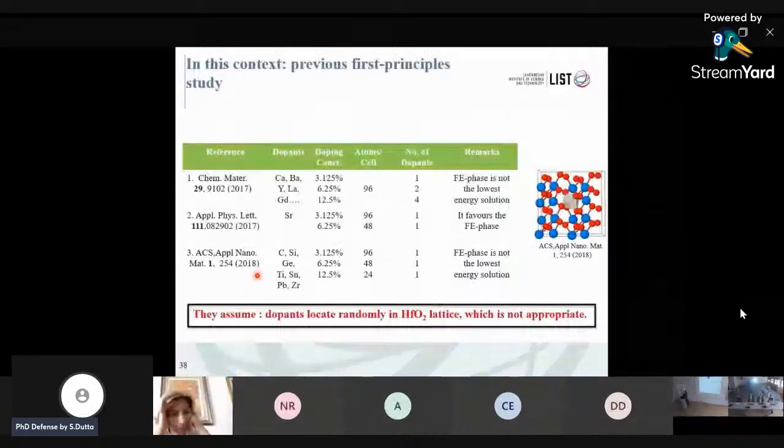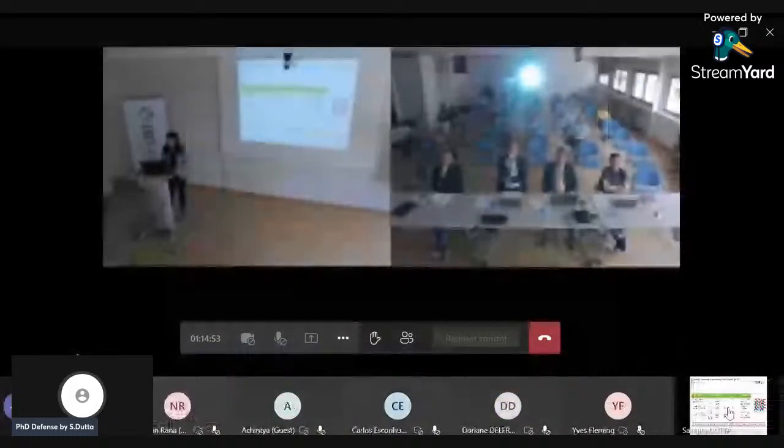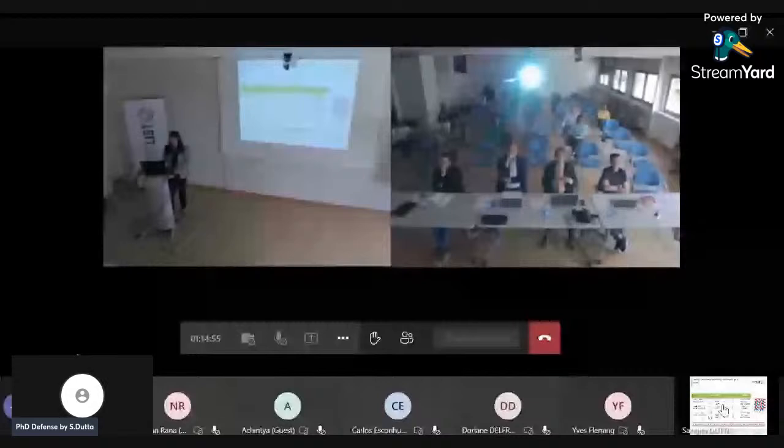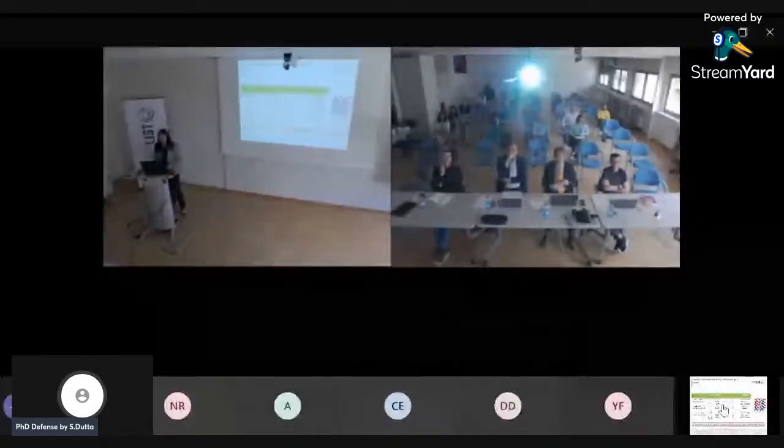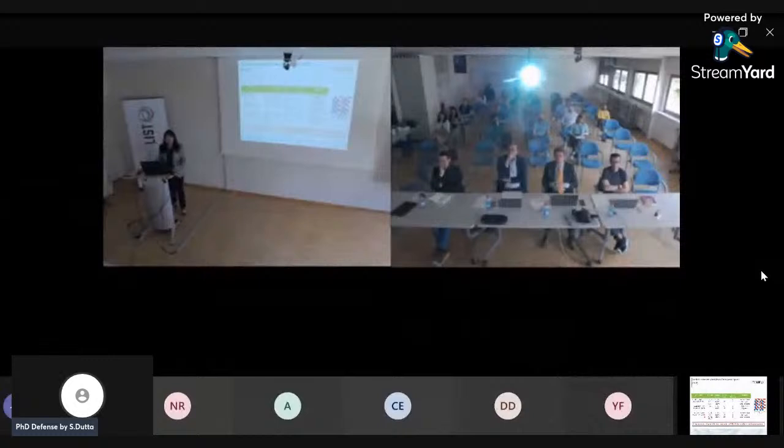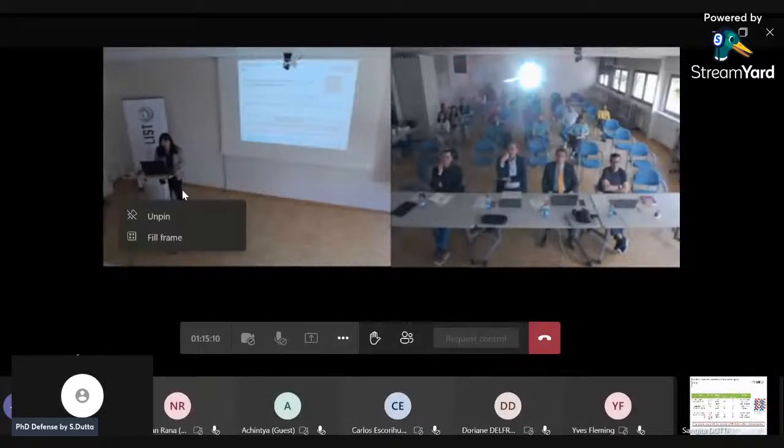Let me mention the previous first principles study, where they said that doping itself is not enough to stabilize the polar phase, because they ignored the important fact that the dopants have a preference towards ordering. Indeed, this study proves that doping does not locate randomly in the lattice, and that assumption was not appropriate.